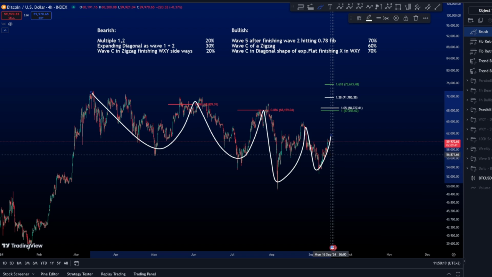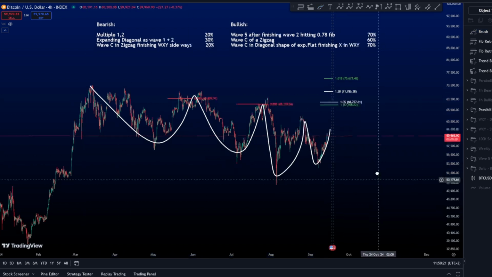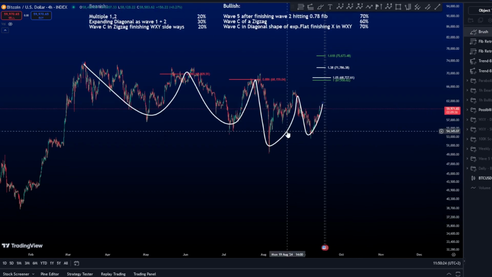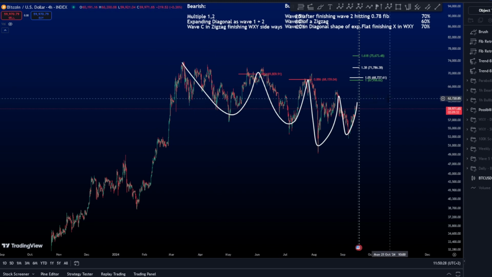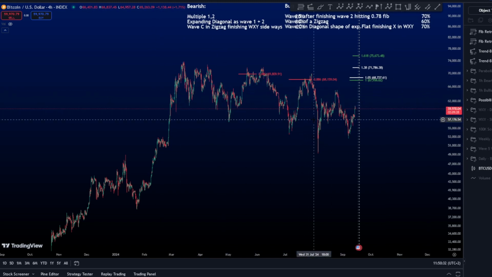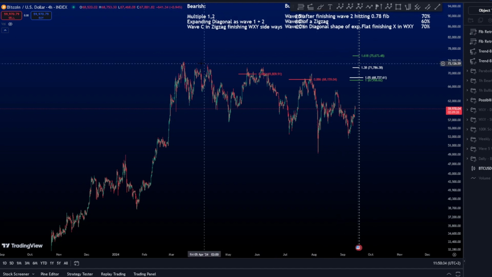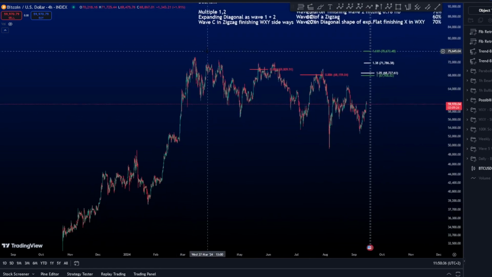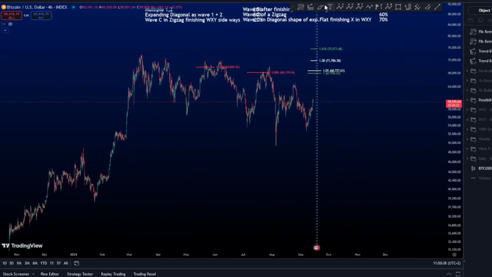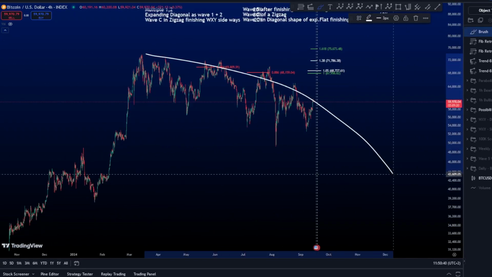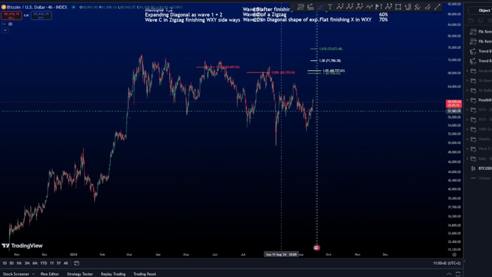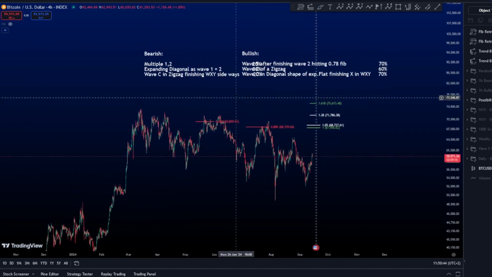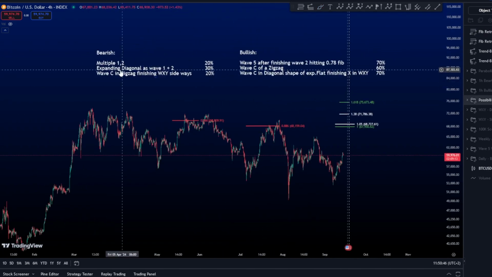So a wave C, as we saw in our monthly, needs to be already impulsive. The time of a wave C is getting lost here. If you want to be impulsive towards the downside, your time, even the FIB time for a wave C, is very close to finish. Okay, so yeah, 1, 2, 1, 2 is very, very low in possibilities.